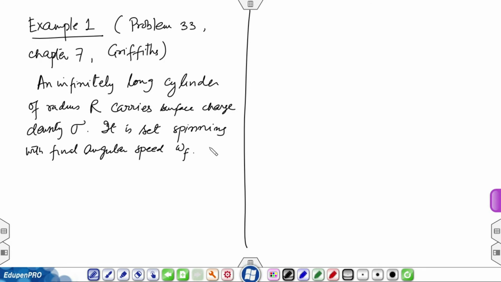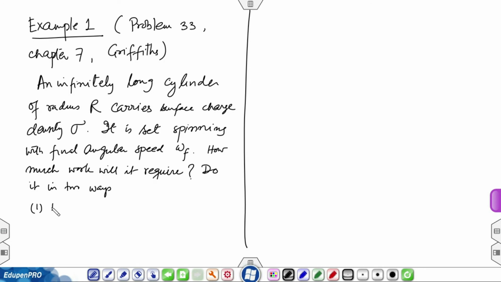Then we want to know how much work it will require, and we want to do it in two ways. The two ways are: one, the way we derived the energy in the magnetic field, another will be using the expression for the energy directly.